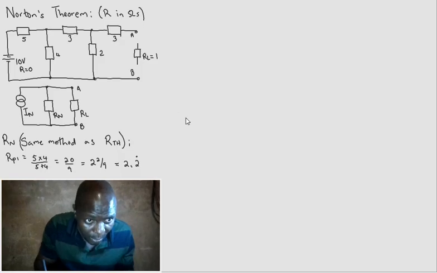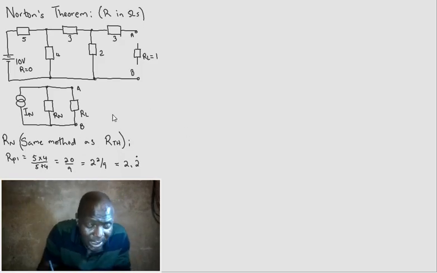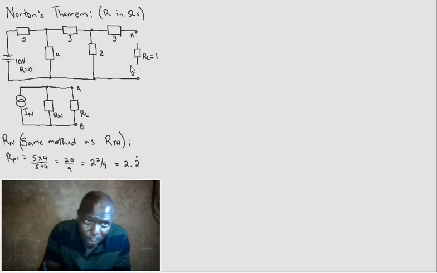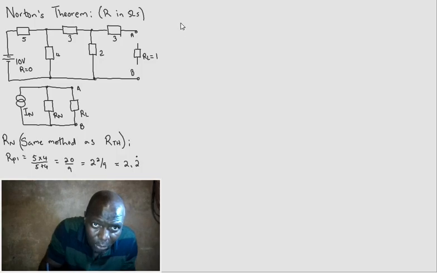Now we go on and say that's our R parallel 1. But that R parallel 1 is connected in series to the what? I'm going backwards, you see? This is closed, so I'm going backwards towards the open. So now this is going to be in series with the 3 ohm. So my next calculation is R series 1, the first series value I'm calculating.